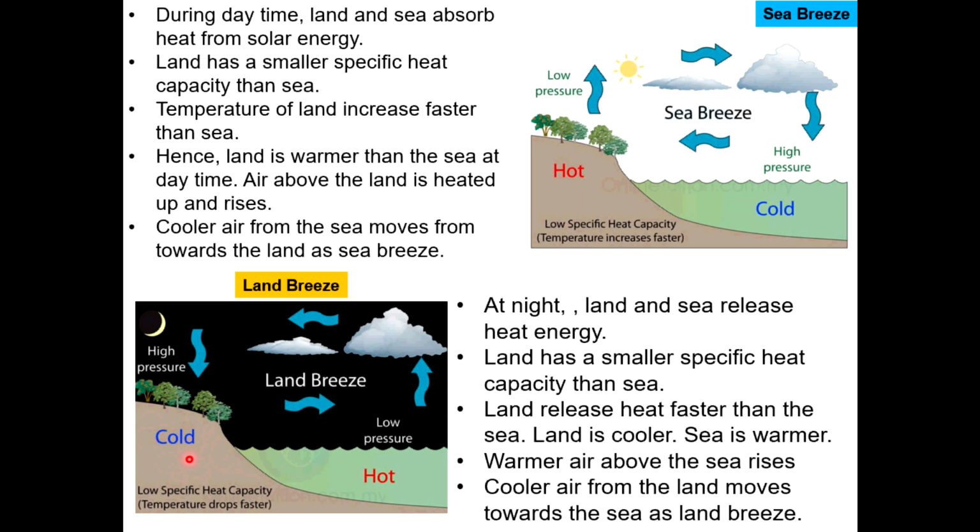As a result, the land will be cooler compared to the seawater. So the seawater is warmer, and the air above the seawater will be warmer. So the air rises up, and the cool air from the land will move to the sea. This will create the land breeze.